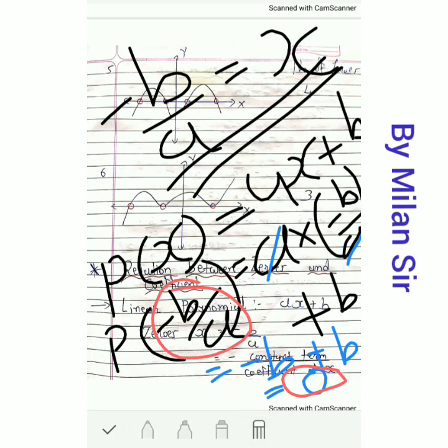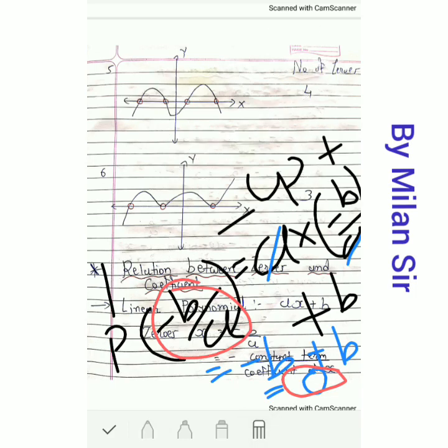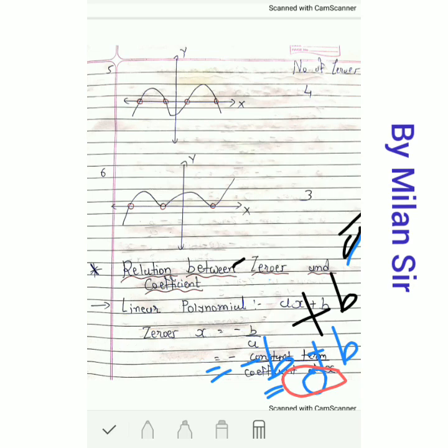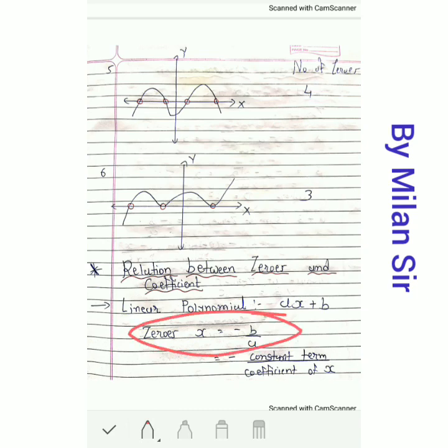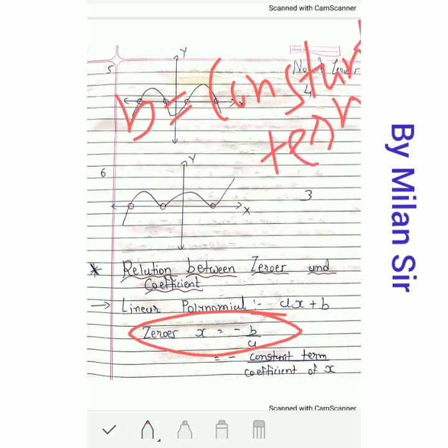So this is the method of finding the zeros of a polynomial. Put 0 in place of p of x, then find the value of x. So for a linear polynomial you get minus b by a. What are minus b and a? First of all the minus sign is there, then b means your constant term, and a means the coefficient of x.